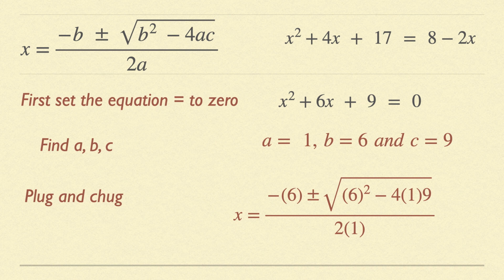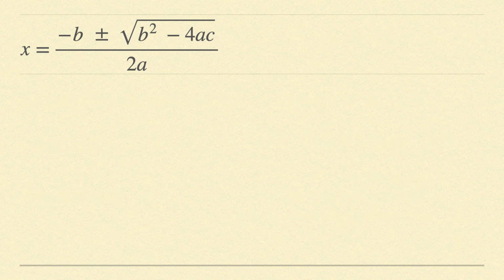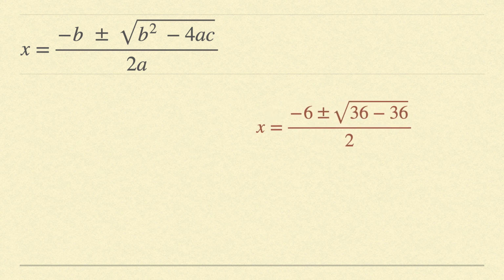Okay? But anyway, so now we are going to do negative 6, or the opposite of 6, plus or minus the square root. And remember, we have b squared, so that was 6 times 6, so it's 36 minus 36, all divided by 2. And we get negative 6 plus or minus the square root of 0, all divided by 2.